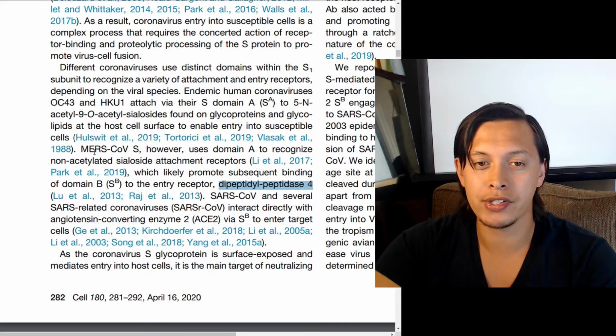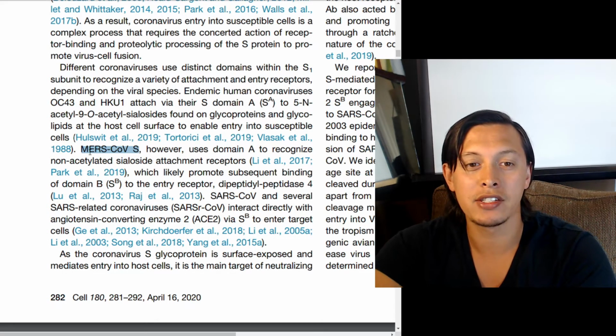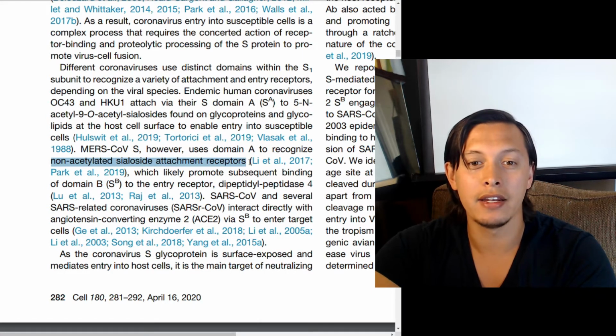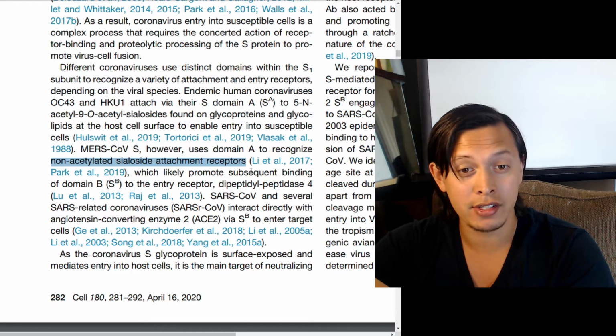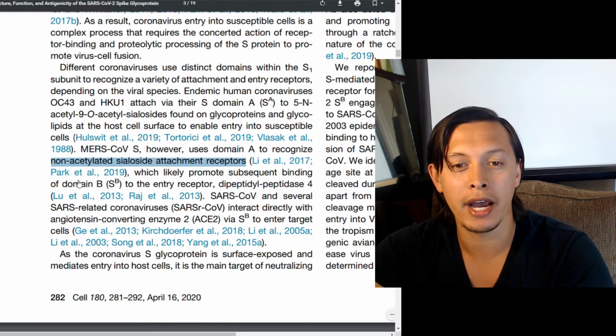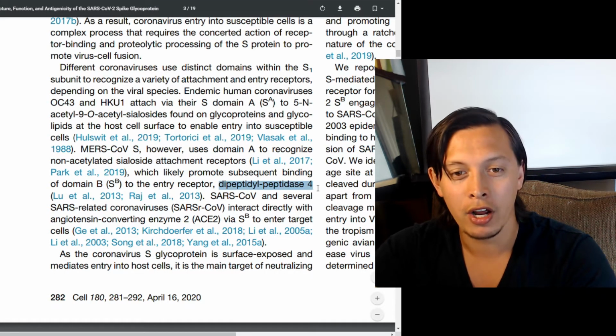So MERS employs a similar strategy. It sticks to these non-acetylated sialoside attachment receptors, and then after it sticks, it uses its S^B to bind to these dipeptidyl peptidase 4 receptors.